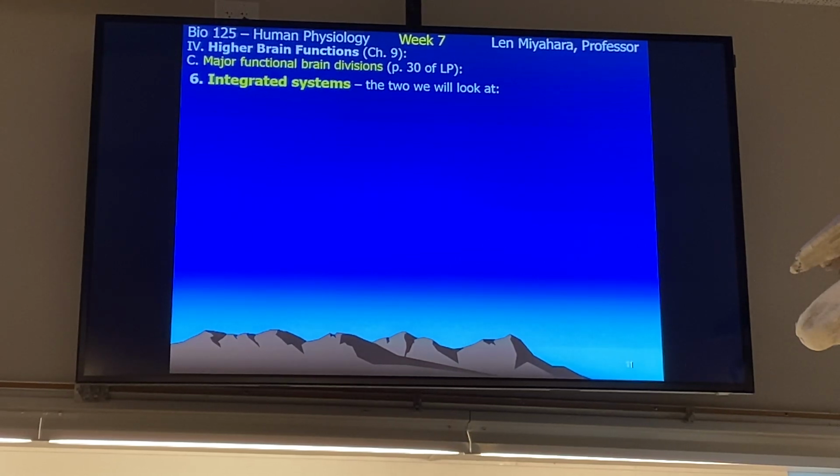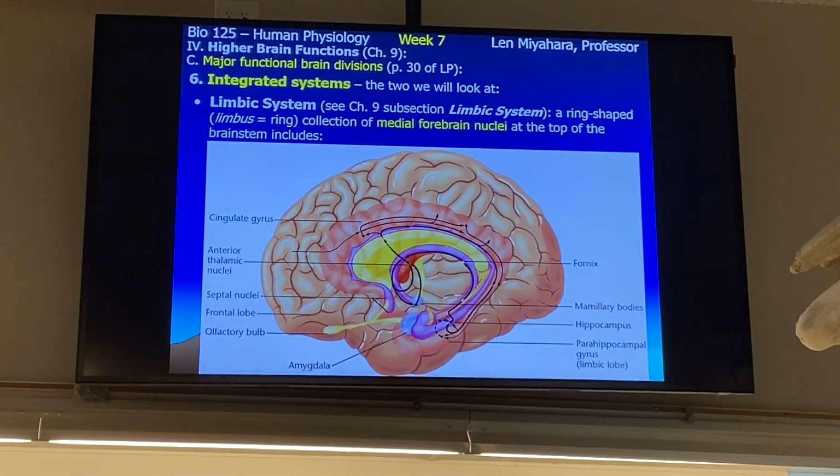All right, so here's the integrated systems. First one is the limbic system. We're talking about this when we're talking about learning and memory. This is very important with the limbic system. And the limbic system is really diencephalon, telencephalon. And again, the gray matter forms what looks like to be rings.